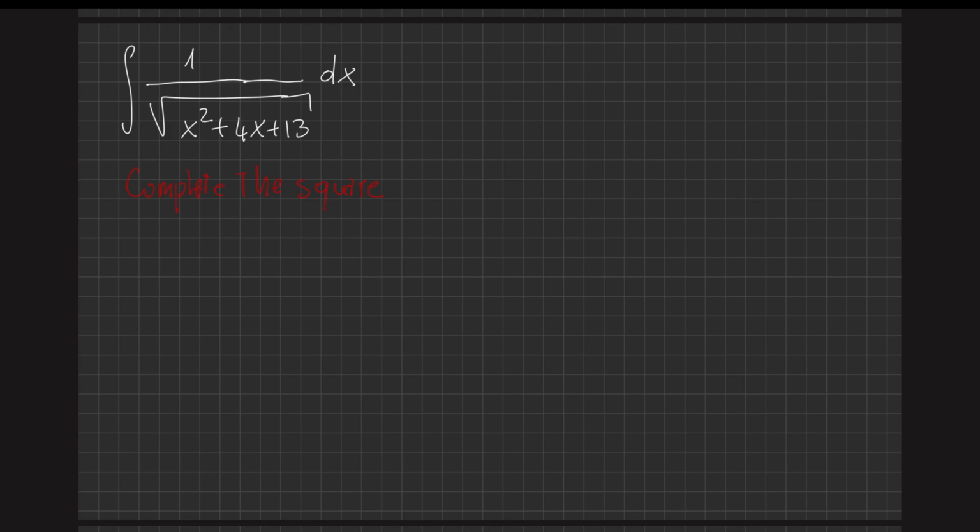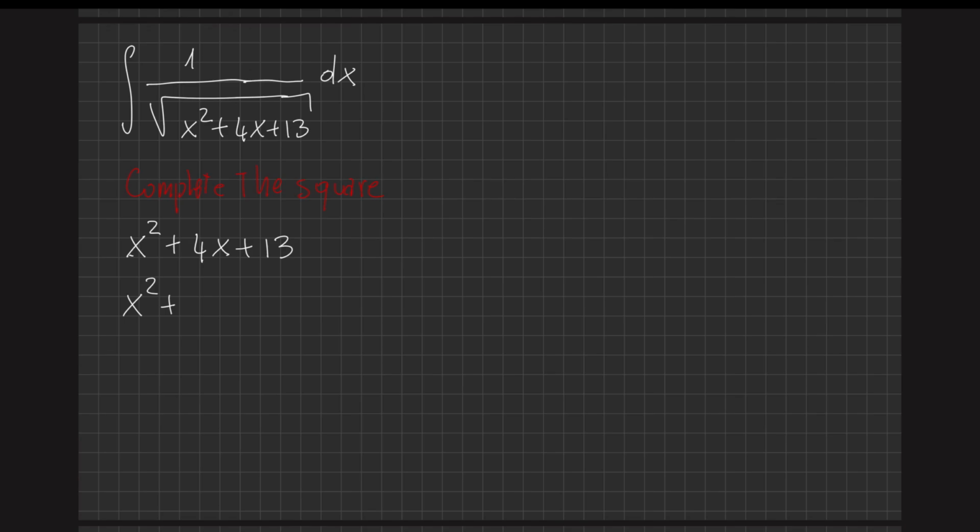I pick up whatever is below the square root and I rewrite it. So I have here x squared plus 4x plus 13. And then to complete the square, I do the following. I rewrite the x squared term.